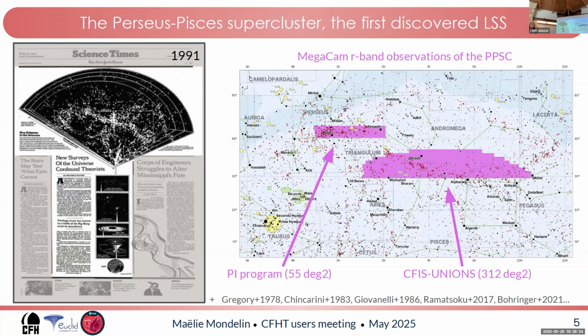And I have access to two regions, which is a part of the Pisces-Perseus main filament region, and also additional observation of this region with a lot of clusters. So I call this region the cluster region.